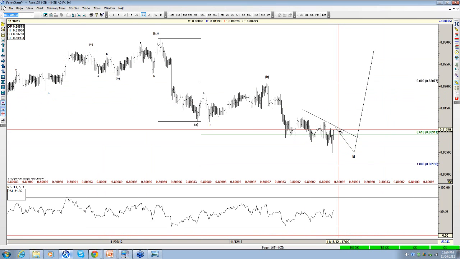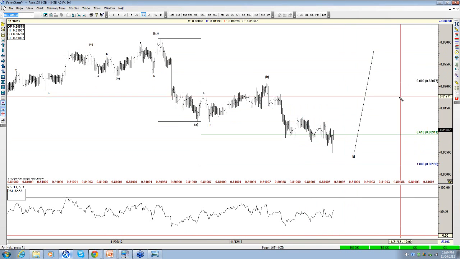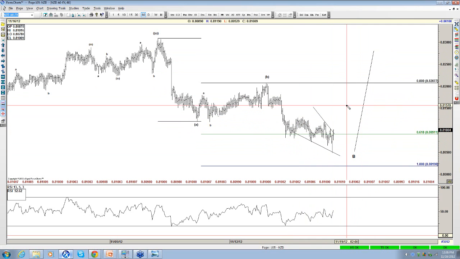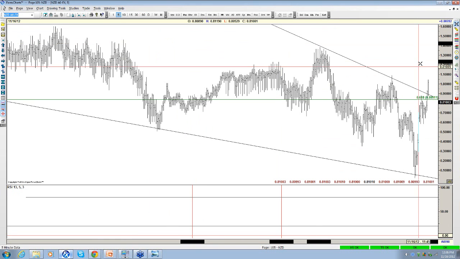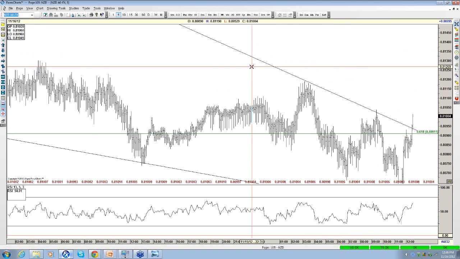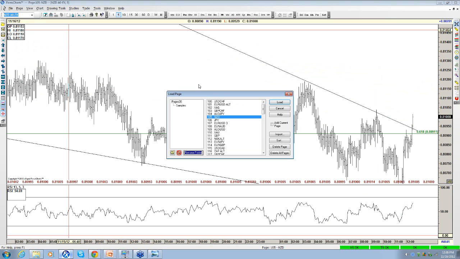Look, if your question is that this is an ending diagonal, okay, you save data. But a leading diagonal or the ending diagonal always needs to have divergency. That's a requirement.